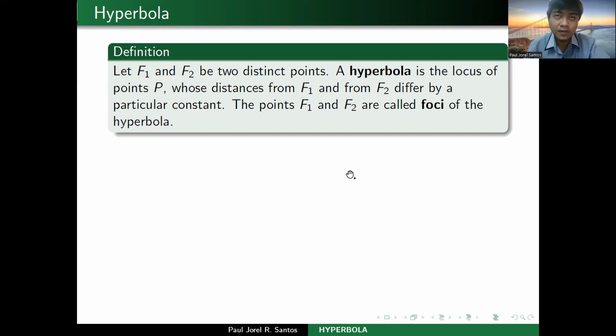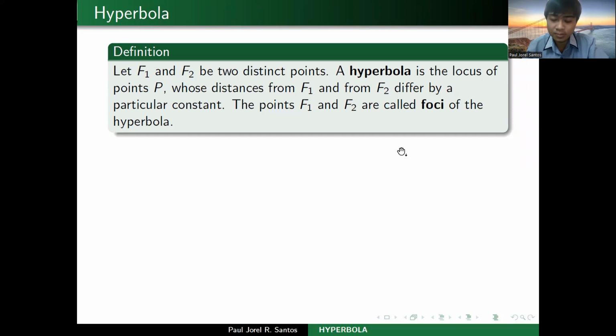Unlike the definition of ellipse, the keyword here is differ. For ellipse, it is sum up to. But for hyperbola, the distances from P to F sub 1 and from F sub 2 differ by a particular constant.